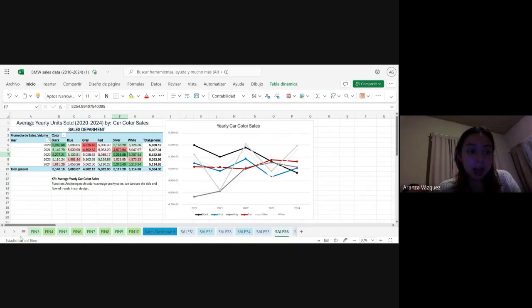Now we have average yearly units sold. This key performance indicator lets us analyze each color's average yearly sales, and we can see the market trends.